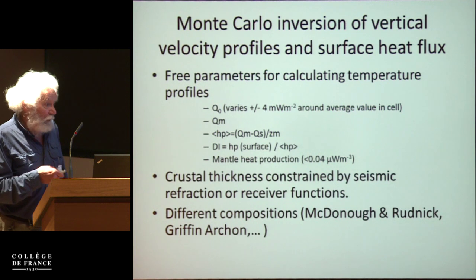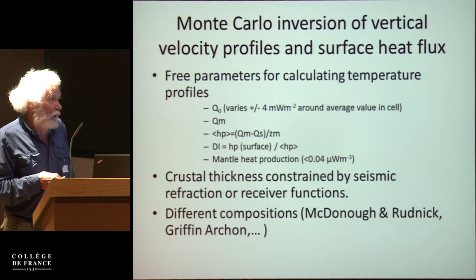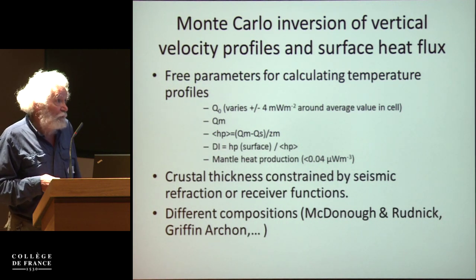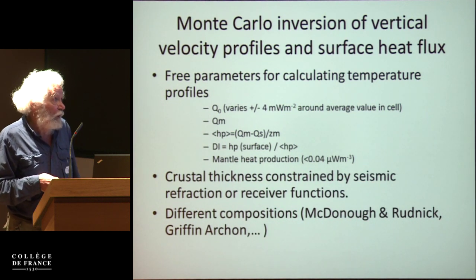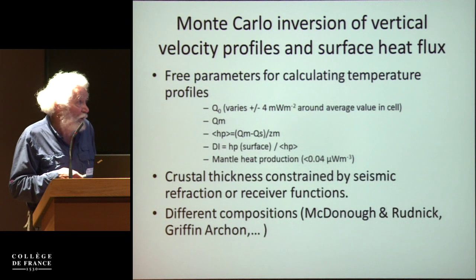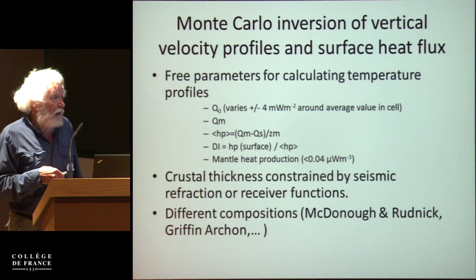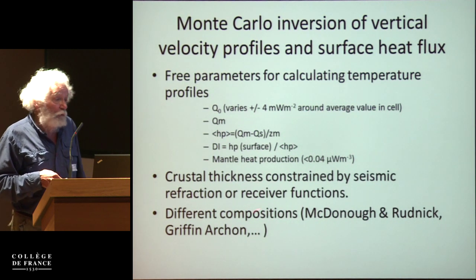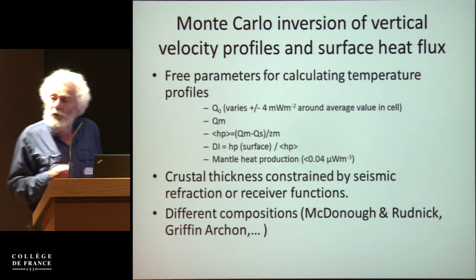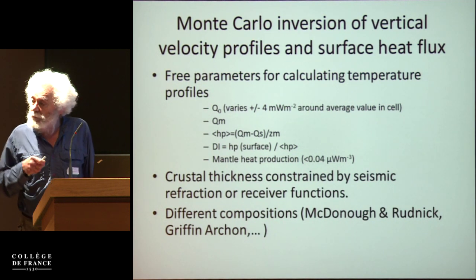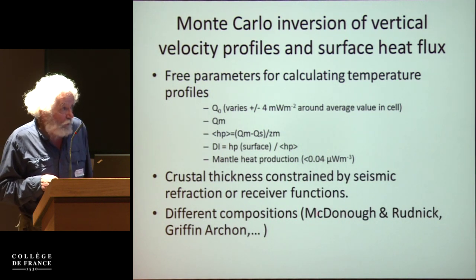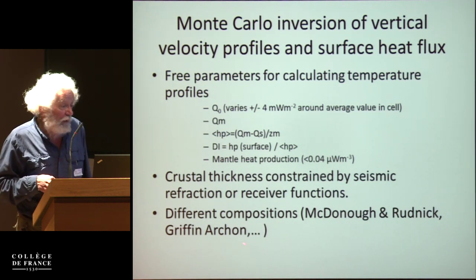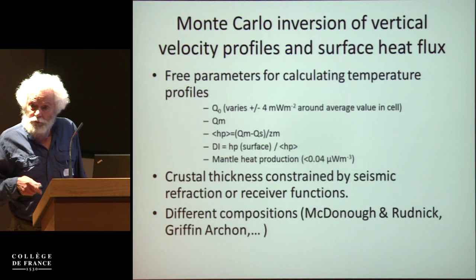Okay? Crustal thickness is always constrained by seismic refraction when available, or by some receiver function analysis. Okay? And we have used different compositions to convert temperature into velocity. Essentially, we have used both the McDonough and Rudnick and the Griffin models of composition.